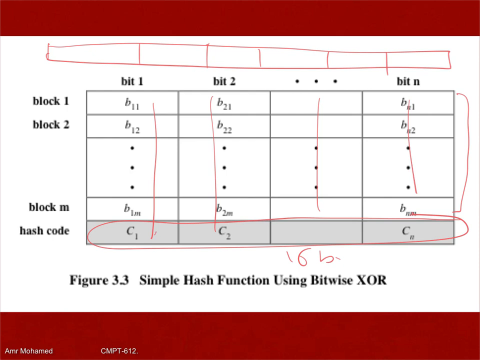if the value here is based on XOR, say the number of ones here is odd, so we put 1. The number of ones here is even, so we put 0. Okay? So can you think of how many combinations I have where the number of ones is odd? I can manipulate the message in many, many ways. And the hash will be the same. Right?